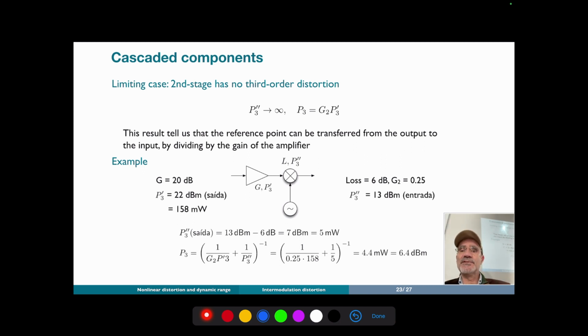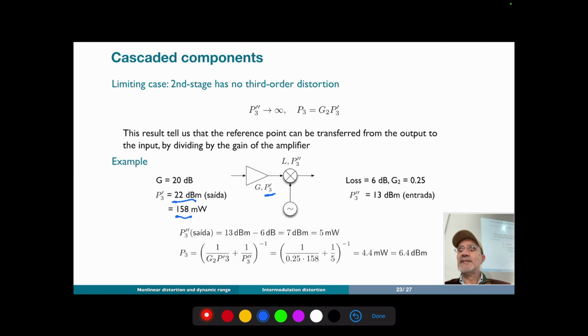This is a common configuration to provide frequency conversion. And so the third order term of amplifiers are usually referred to the output. And so this P3 dash, which is 22 dBm, is referred to the output, or 128 milliwatts.